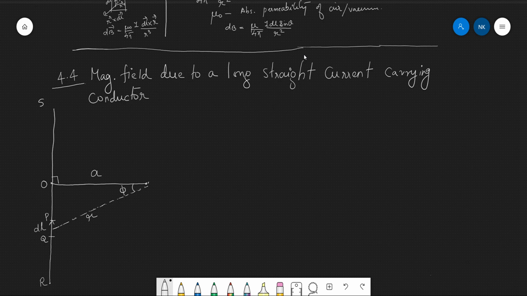Current is flowing from R to S, so the magnetic field at this particular point is supposed to be across. We have already explained about this one.